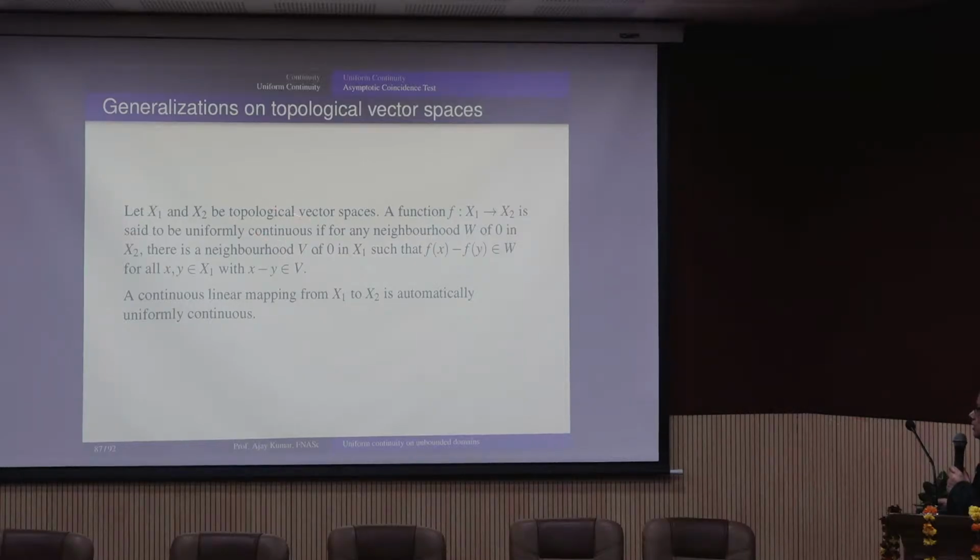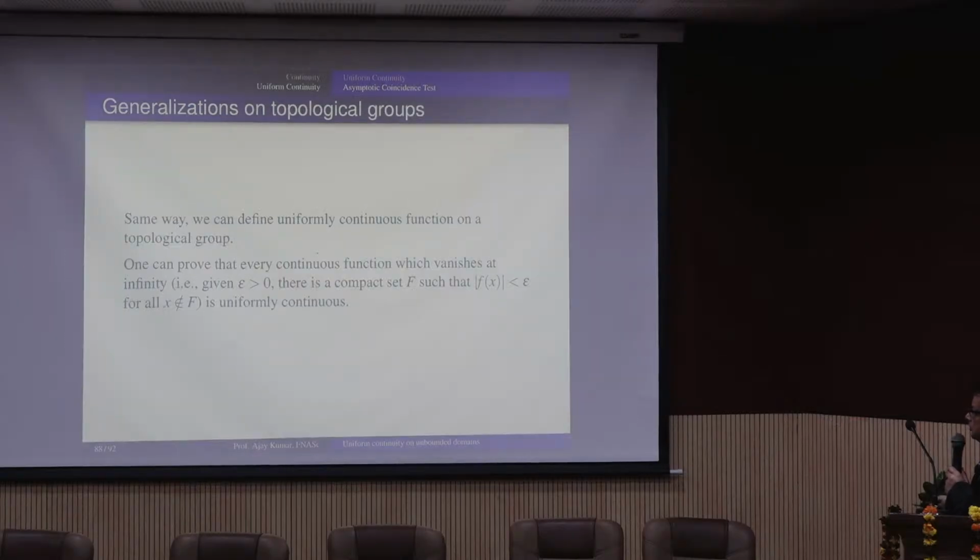Those who are in the fourth year can understand some. These are called normed spaces. Normed spaces are automatically topological vector spaces. So any continuous linear map is going to be uniformly continuous, and if you have a topological group, then any continuous function which vanishes at infinity is going to be uniformly continuous.